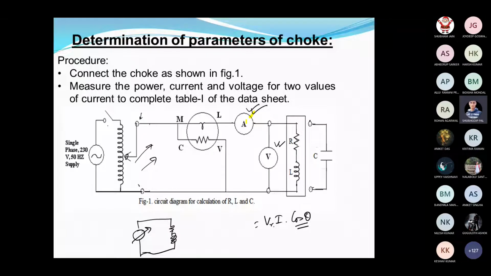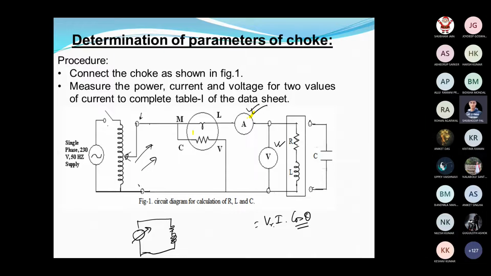I told you that we have the supply voltage of 230 volts single phase. And this is an auto transformer, or single phase variac or dimmerstat. By varying the knob of this, we can apply variable voltage across the load.